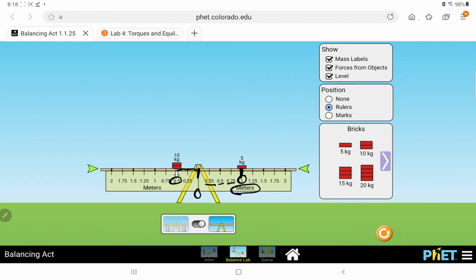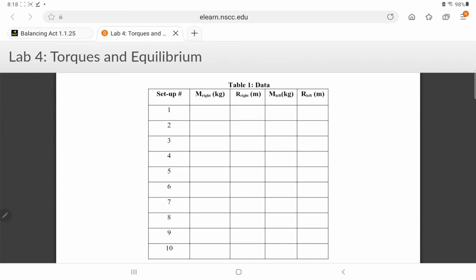So let me go back and put those values. Our value here was 5 kilogram at 1 meter on the right, which balances 10 kilogram at 0.5 meter. Okay, so this is the first set of data.